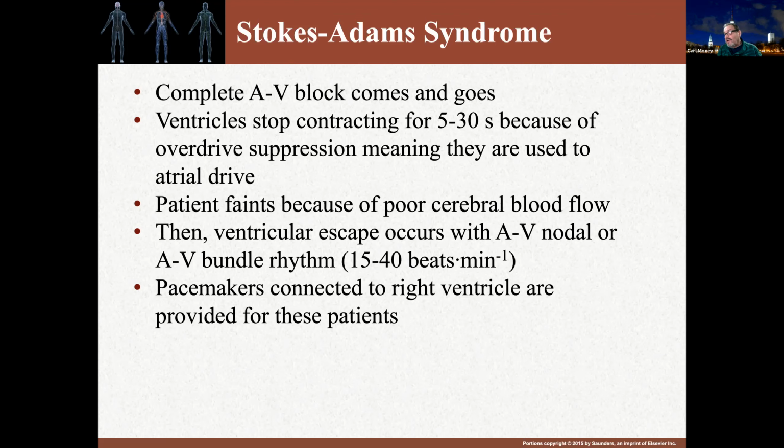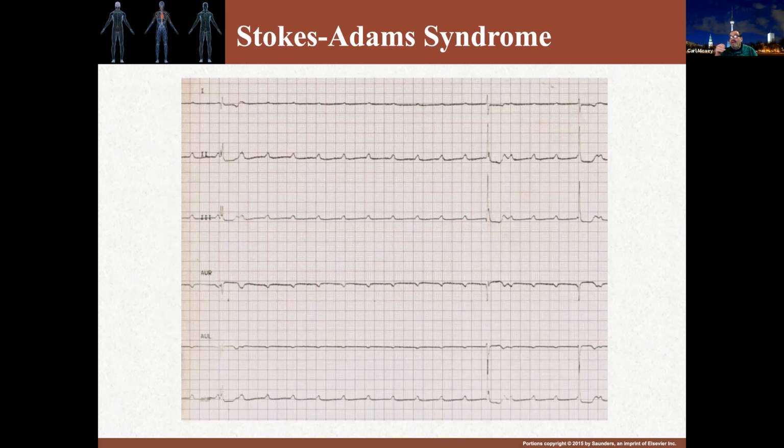Then you get a ventricular escape rhythm with an AV nodal or AV bundle rhythm. And these can be as slow as 15 beats per minute. In order to correct this, a pacemaker is needed. And here you see an example of a Stokes-Adams syndrome tracing.